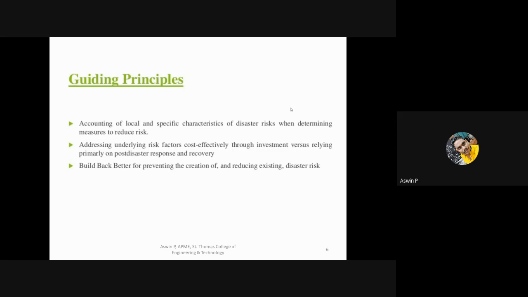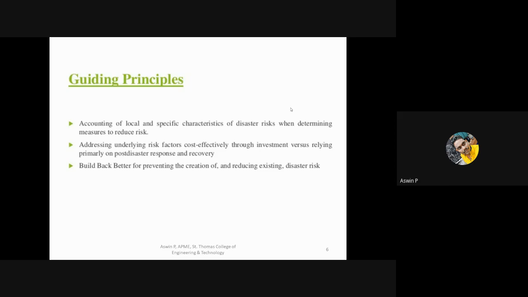So next one is build back better for preventing creation of and reducing existing disaster risk. Whenever a disaster happens, after the disaster, we need to act responsibly. We need to take support from the society, and we should build back better infrastructure, everything after the disaster, to come back to a situation far better than before.